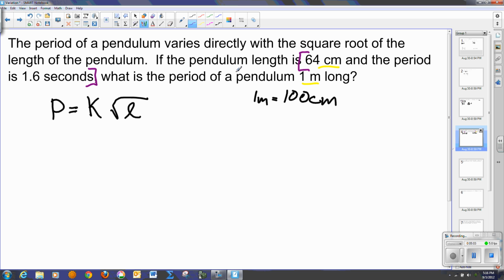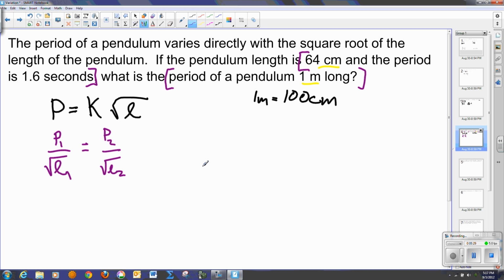And in our second situation, they're asking for our time given our length. So in this case, what I want to do is use my proportion that says P1 over the square root of L1 is equal to P2 over the square root of L2. And just start plugging numbers in.